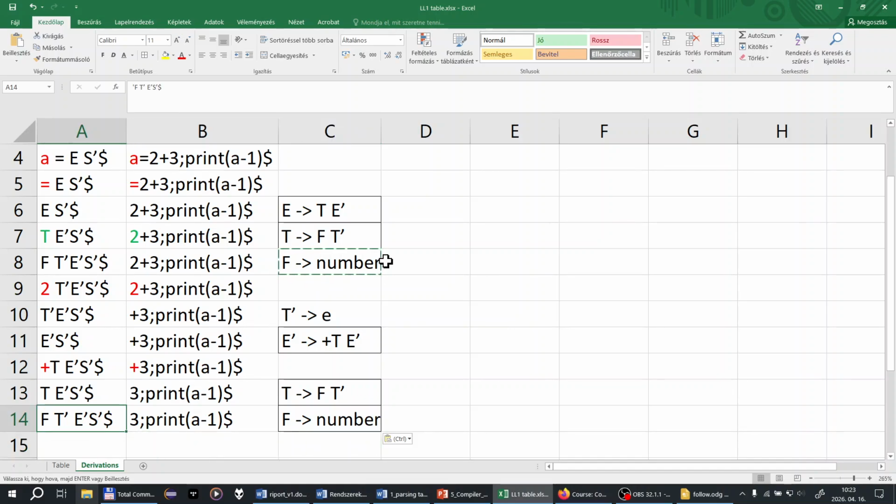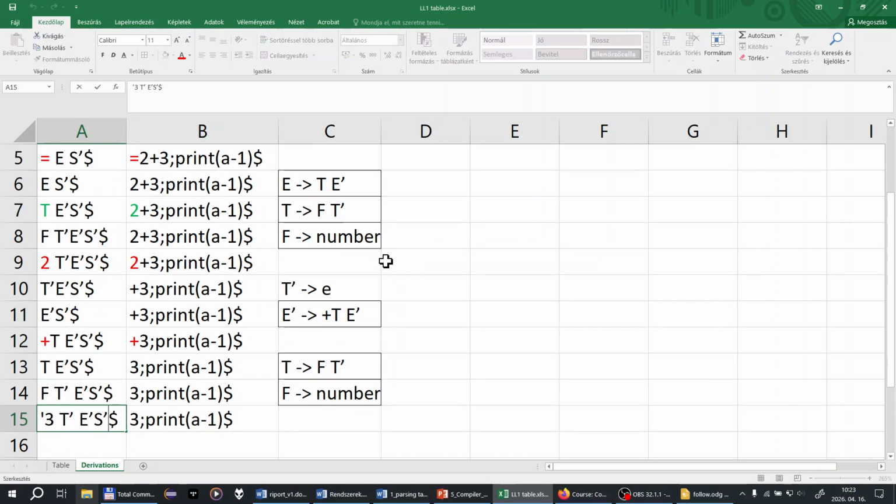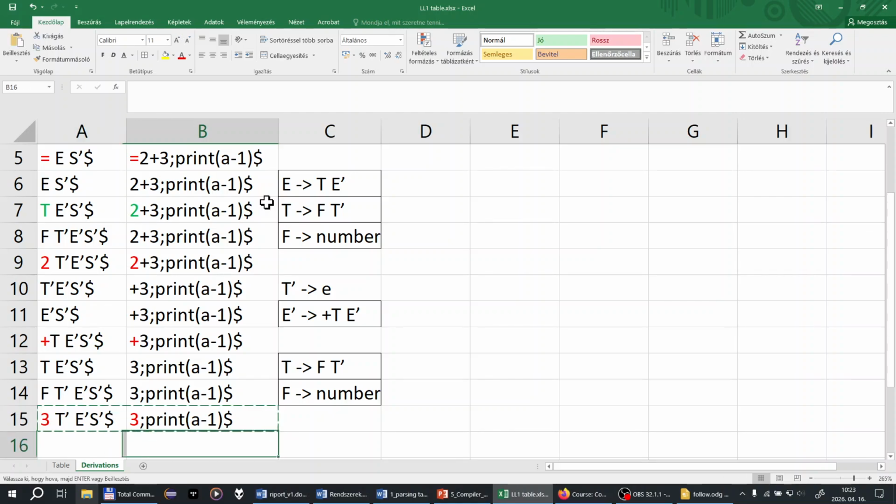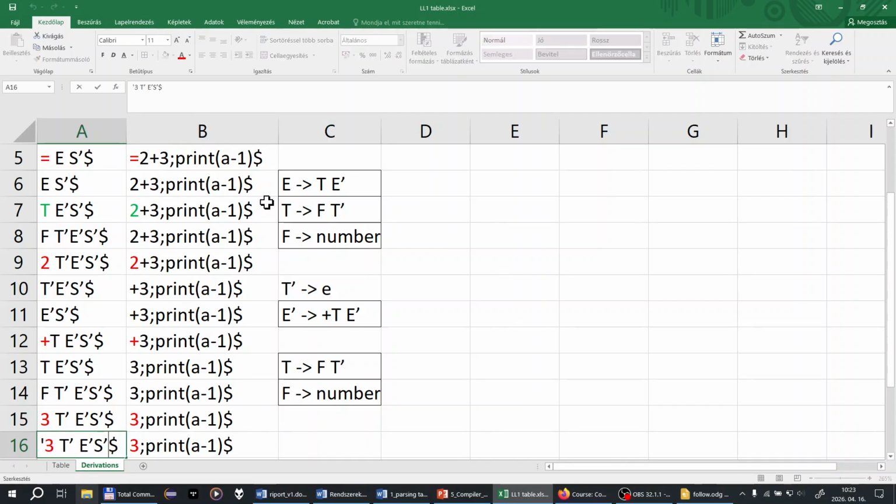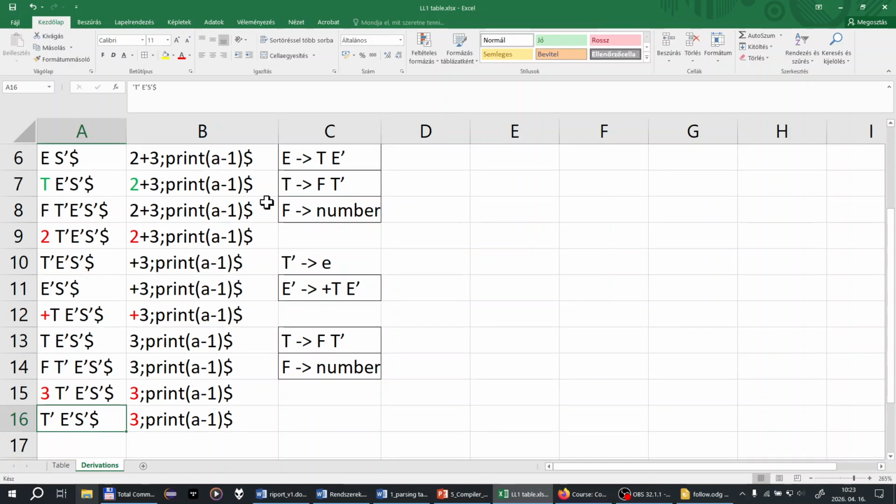So here we have like a number 3, sorry, and then we can eliminate the number 3. Okay, and what remains is E prime S prime dollar, and here we have a semicolon.